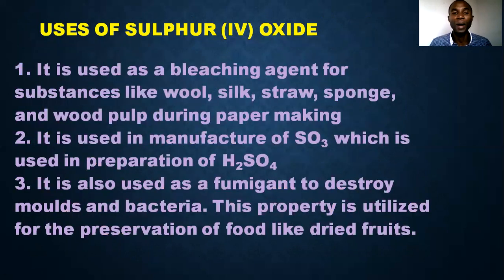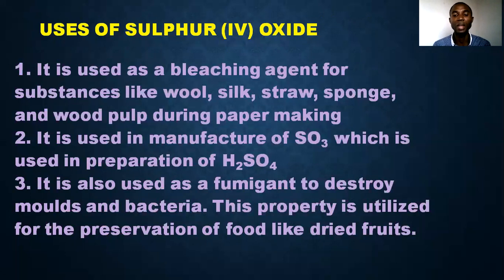So far we have talked about sulfur IV oxide. Let's look at the uses of it before we go to sulfur VI oxide. Now it is used as a bleaching agent. Of course, we talked about it through its chemical behavior. So it is used as a bleaching agent for some substances like wood, silk, straw, sponge, and several of them.